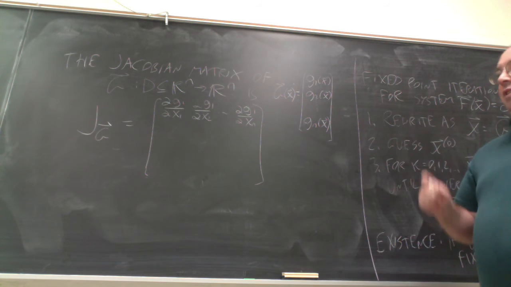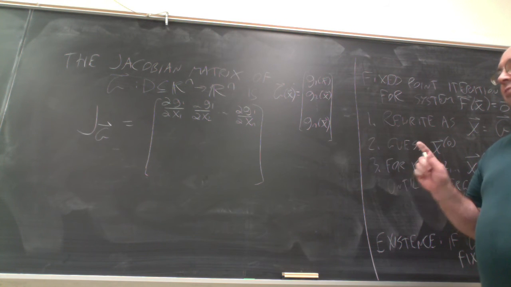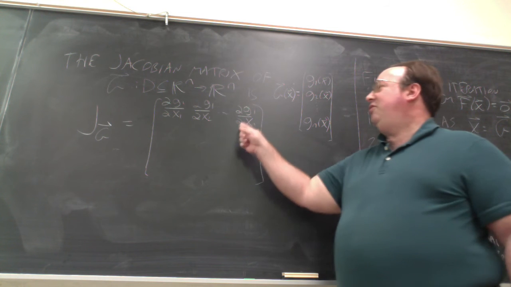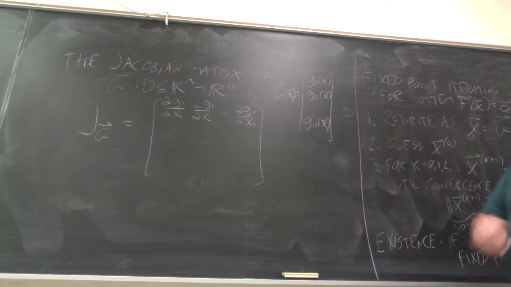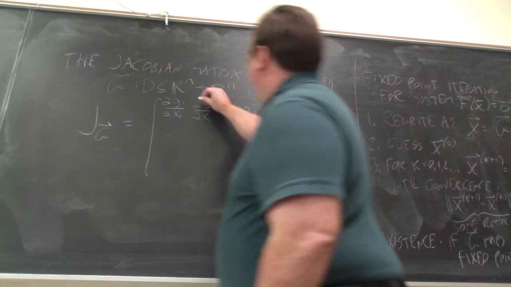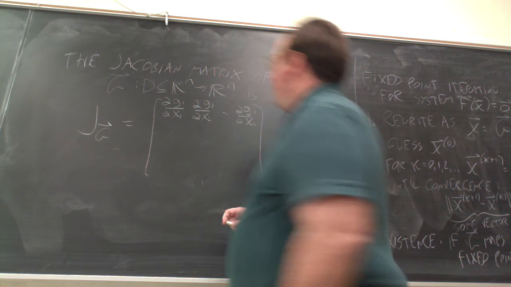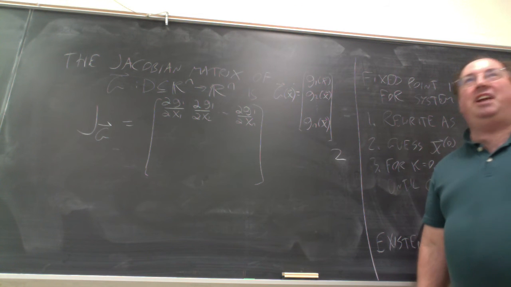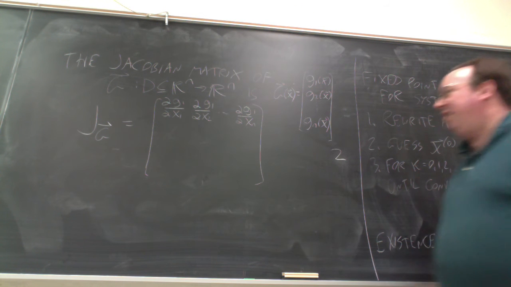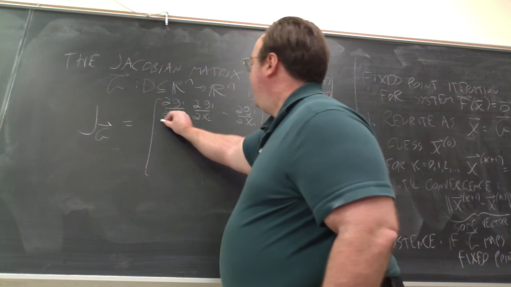And this always comes up when I teach multivariable calculus. These are not 2's. That's a 2. Those indicate partial derivatives, similar to df dx, but we can't use a d because we're in multivariable land now.